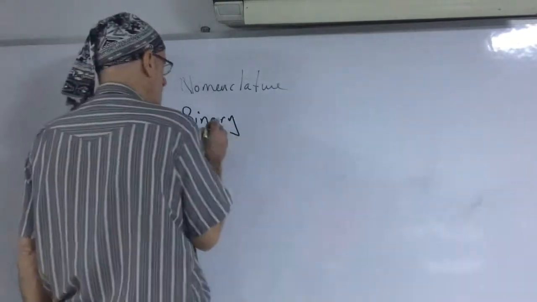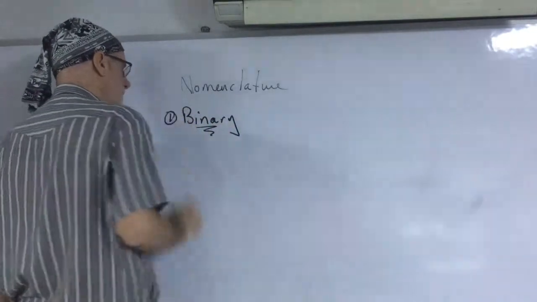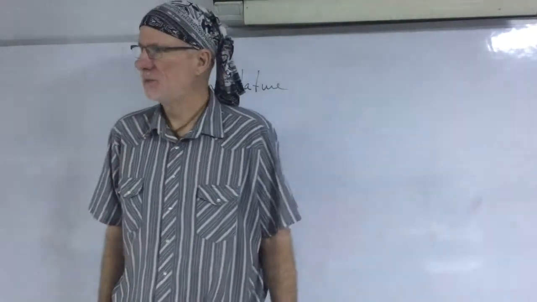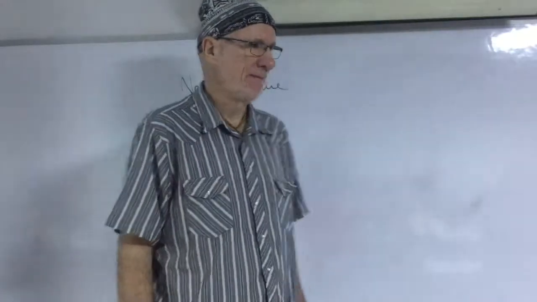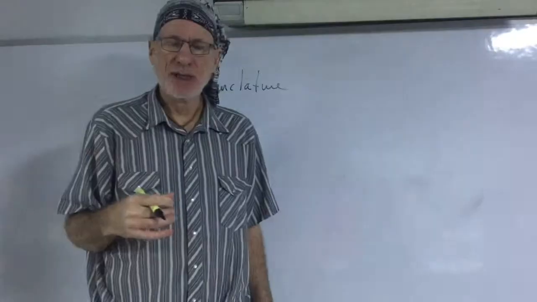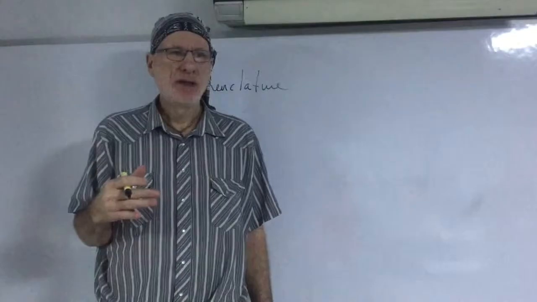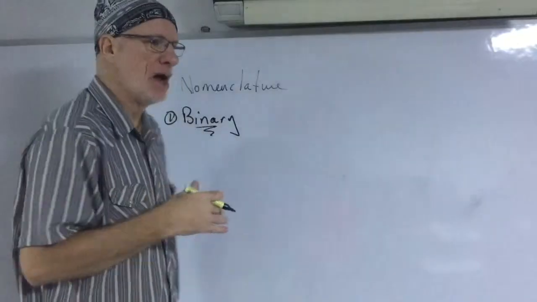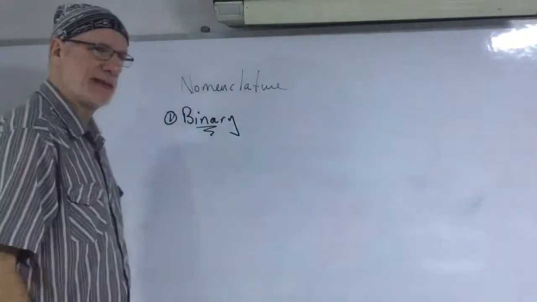Okay, so the first class of nomenclature is really the simplest. Now we use the European version, and that is numbering the columns 1 through 18.